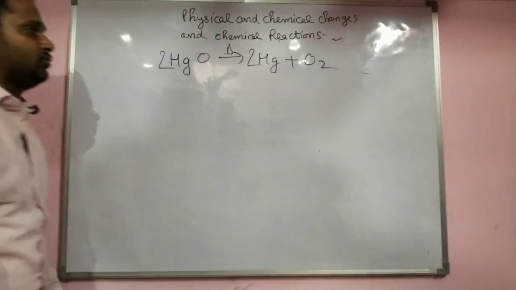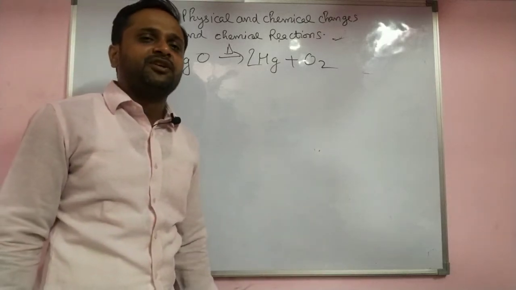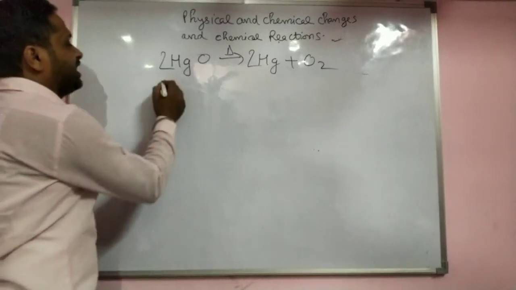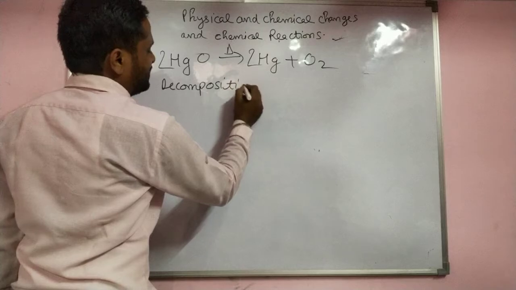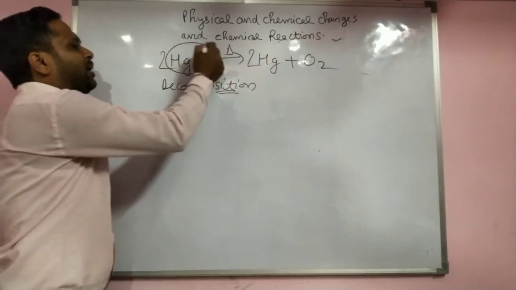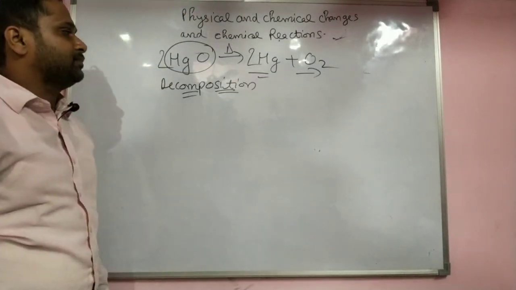Now balanced. Students, please tell, is this a decomposition or combination reaction? Yes, it is a decomposition reaction, students, because one compound breaks into 2 or more elements or compounds.